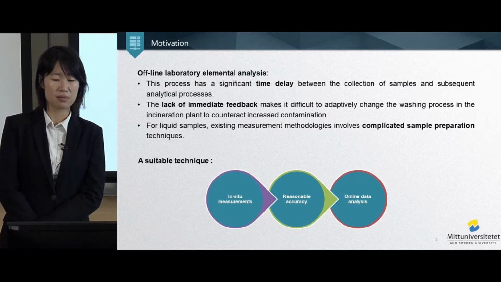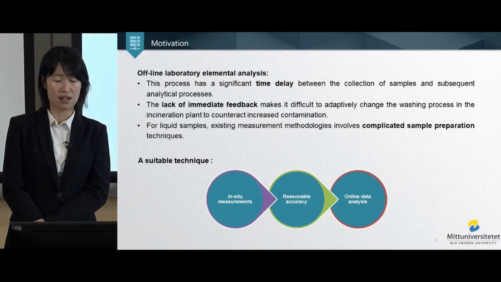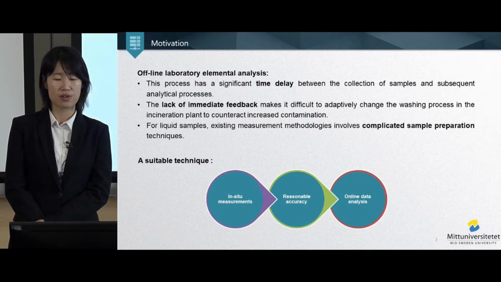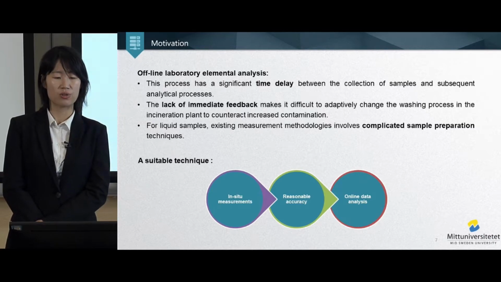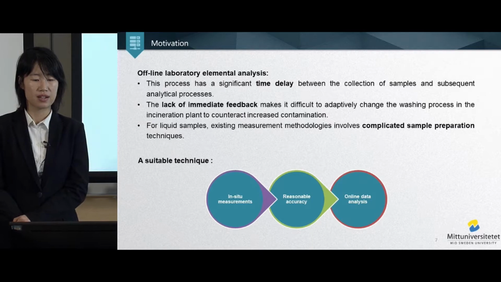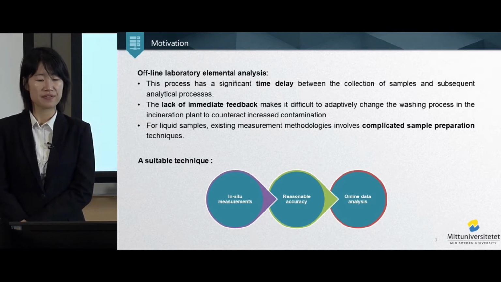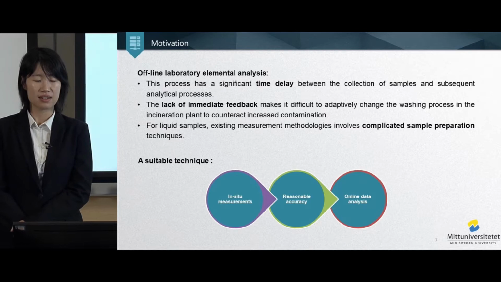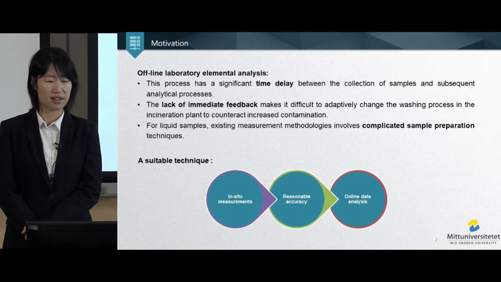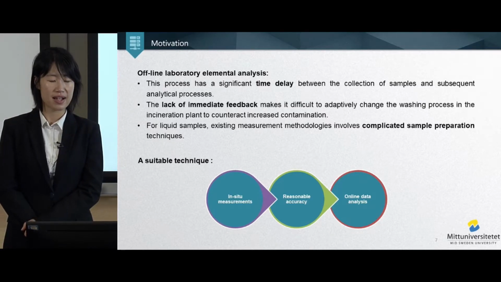Instead, the instrumentation can be placed in situ, and the system should have a reasonable accuracy so that we could detect the heavy metals below the allowed limitations according to the law. In the end, the acquired data should be analyzed online so that it is possible to improve the washing process and give immediate feedback.